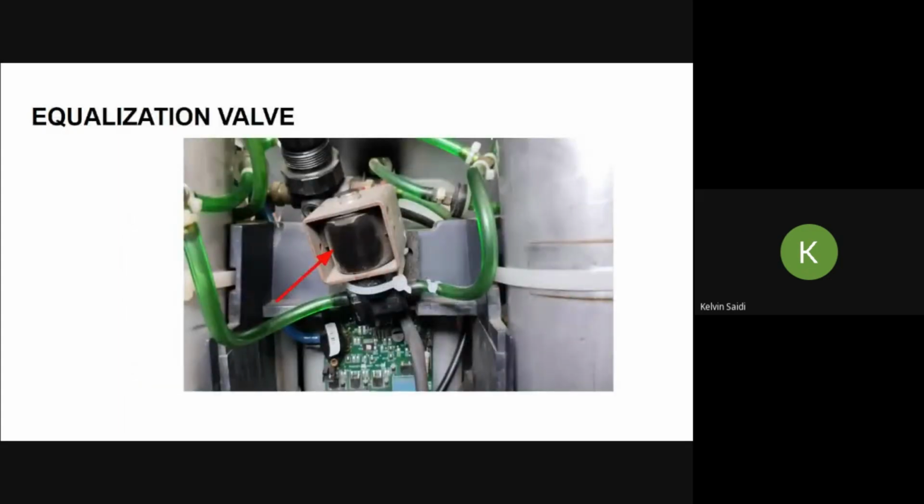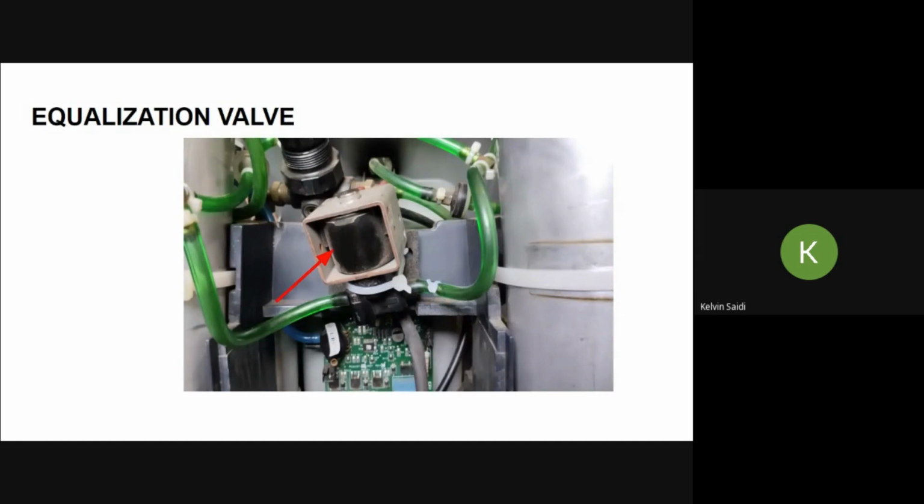While other models use these orifices, some models use what we call an equalization valve for the purging process. So as you can see in the graphics, that arrow is pointing to the equalizer valve in an AirSafe oxygen concentrator.